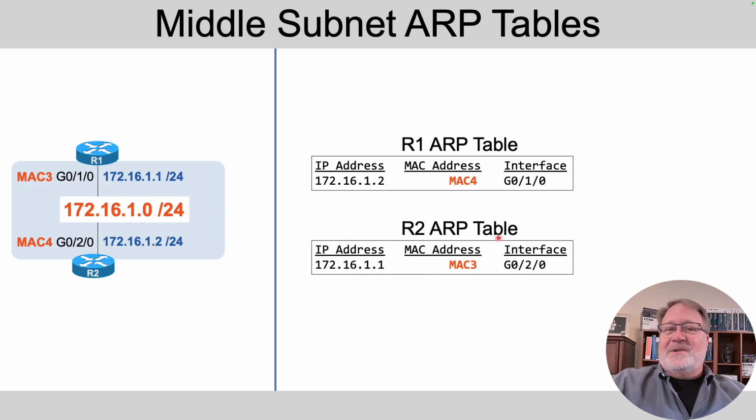And the R2 ARP table will list MAC3 and R1's address that ends in 1.1. Notice in each case, R1 notes the interface ID used by R1. So it's R1's interface ID out which it learned that ARP table entry, and R2's interface ID on which it learned that ARP table entry.